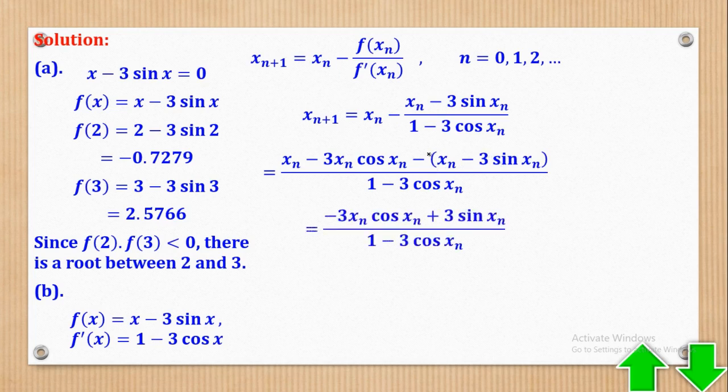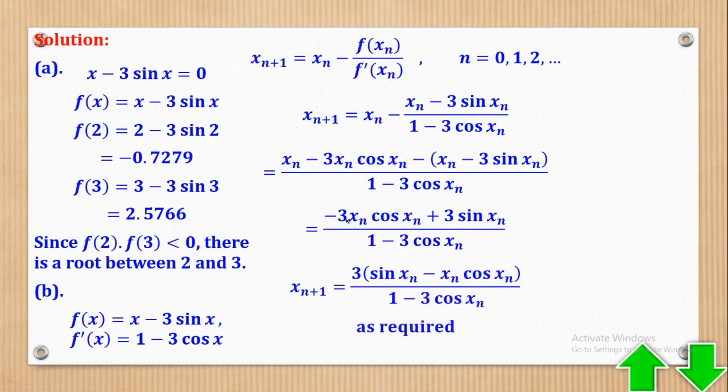After that we shall simplify. When I simplify, I realize that this xn and this xn cancel, so I remain with this here and this here. Here it is a plus because this negative and this negative gives a positive. Therefore I'll factorize out 3 because 3 is common here and here, so I'll put it out.